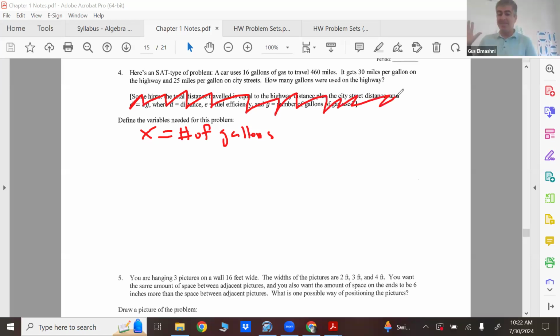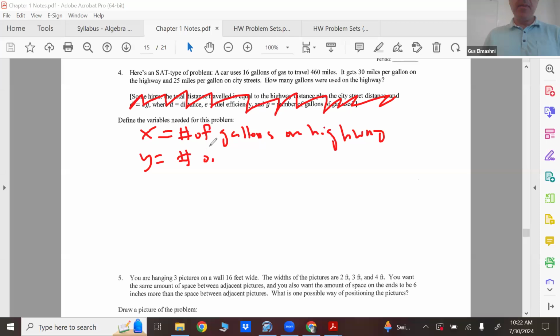It's confusing me. I'll come back to it, but for now it's lame. X will be the number of gallons on the highway, because I don't know, right? And you're being asked to solve that. And Y will equal the number of gallons in the city.